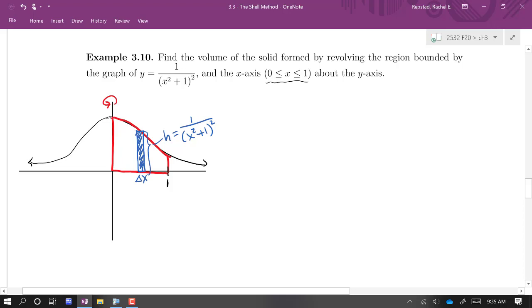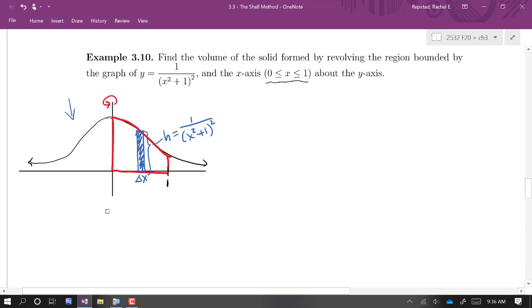Now, when we revolve this rectangle about the y-axis, the solid itself is going to exist on the left side too, because we're revolving it 360 degrees around. Sometimes people get confused about what the limits ought to be, so I'm just going to repeat what I said in the last example.